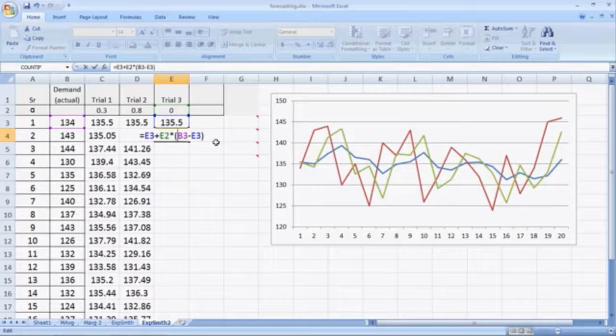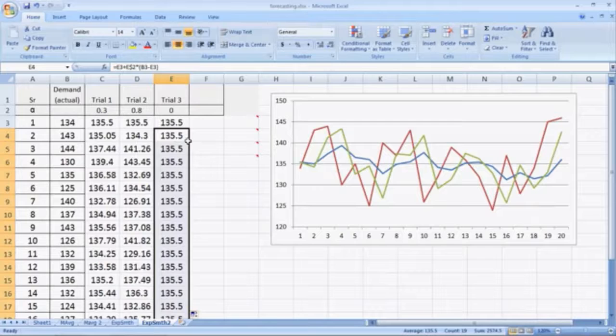We fix up the smoothing factor like we've always done and double click it. Now what you get here is that every period is exactly the same. So it's completely insensitive. The first period forecast is the second period forecast is the third period forecast, irrespective of the actual demand.